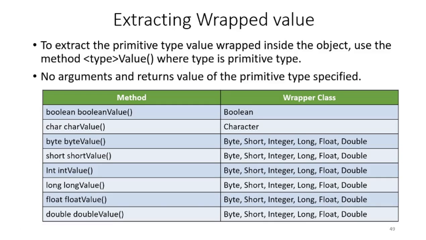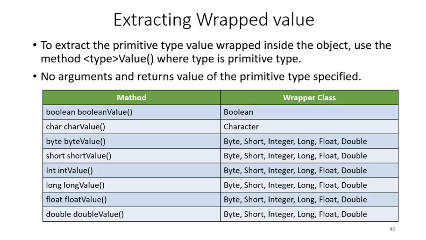Then next, second is charValue. It returns the char value. Then byteValue returns a byte, short, integer, long, float or double value. Then shortValue is also going to return the byte, short, integer, long, float, double values which are stored in that wrapper class.